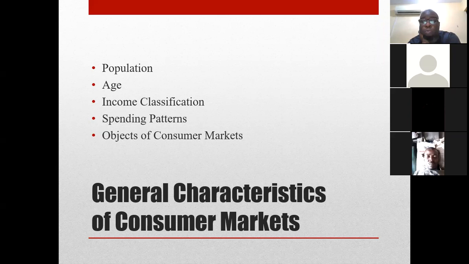What we are looking at in this first study session is how to characterize consumer markets. Now, the first question we should be asking ourselves: what's a consumer market?